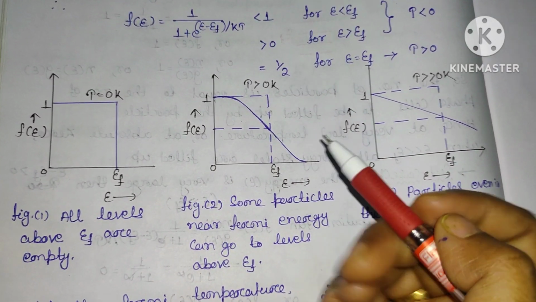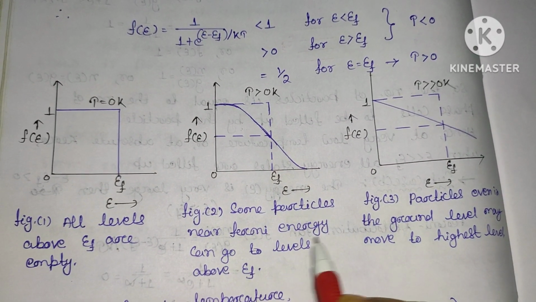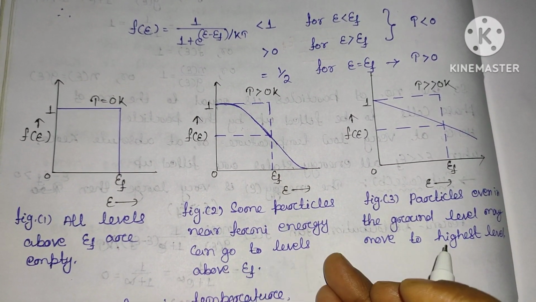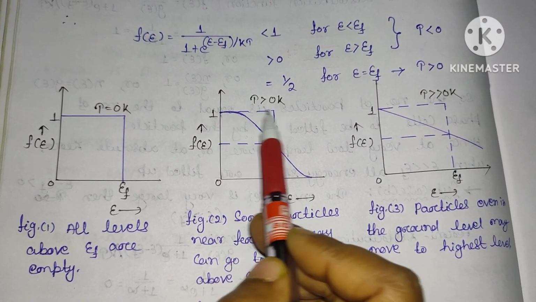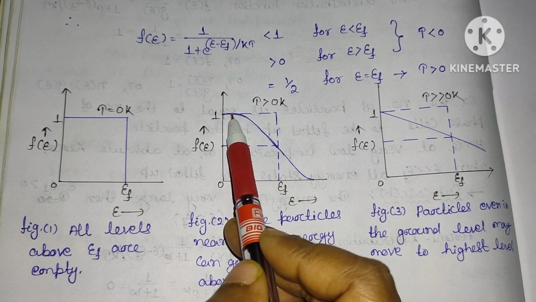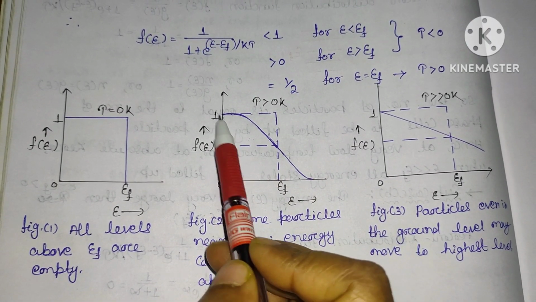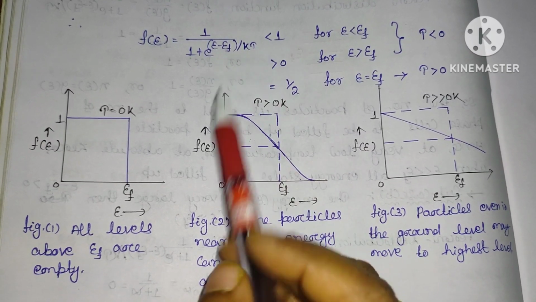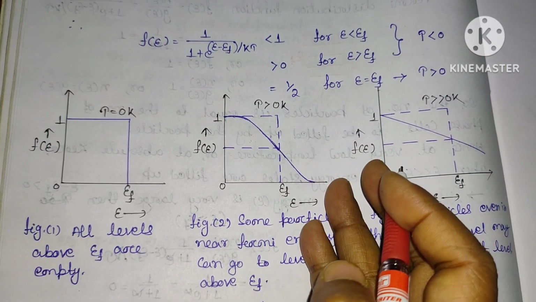In the second case, this figure represents some of the particles near the Fermi energy that can go to levels above EF. You can see that this is your absolute 0 temperature, and this is your greater than absolute 0 temperature. Here we consider the maximum value as 1, so it may lie above this Fermi energy.